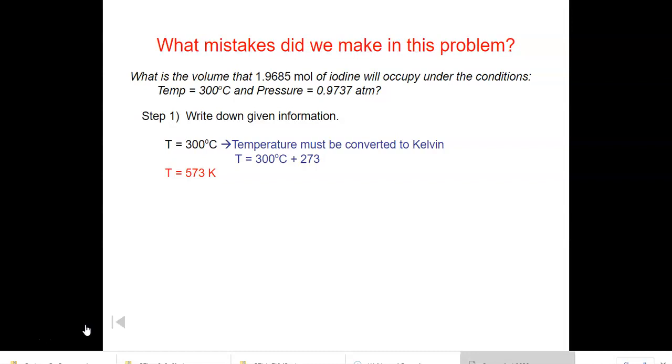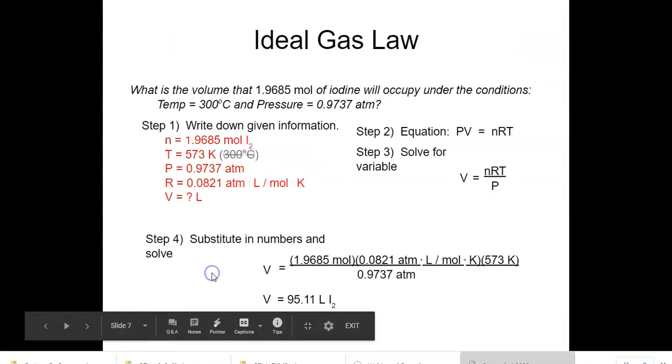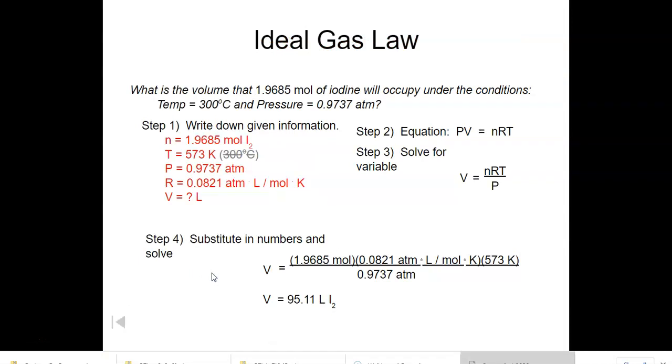When we did 300 degrees Celsius, we forgot to change to Kelvin, which means we forgot to add 273 and use that number. So really our temperature should be 573. Now we're going to redo the problem, switching out our 300 for 573, and I get that the volume is 95.11 liters of iodine.